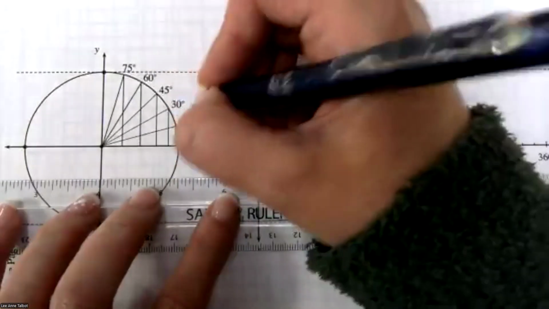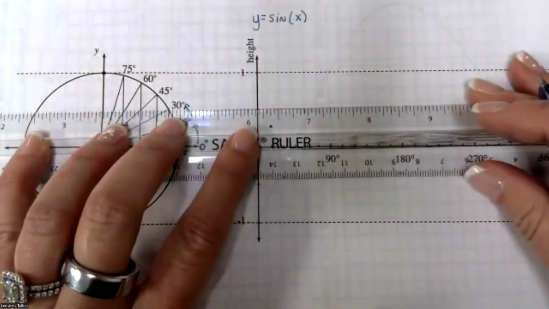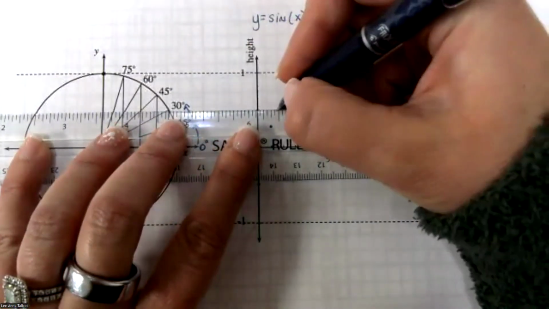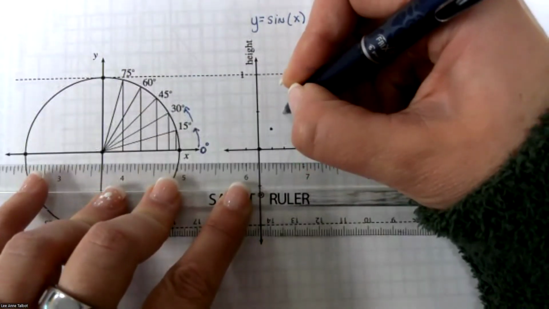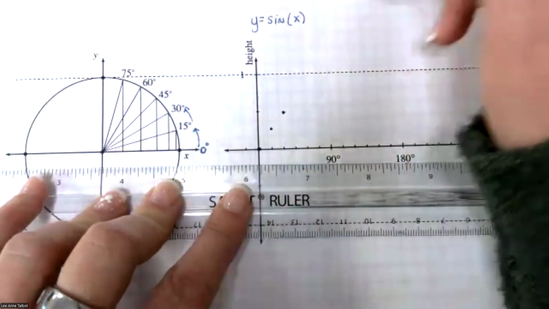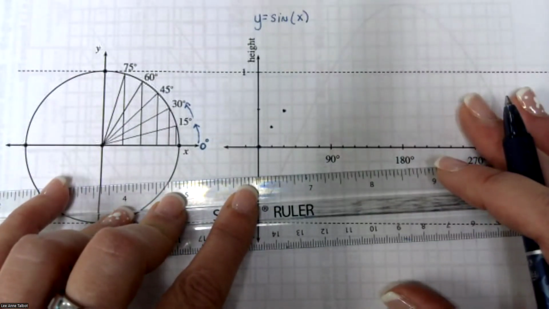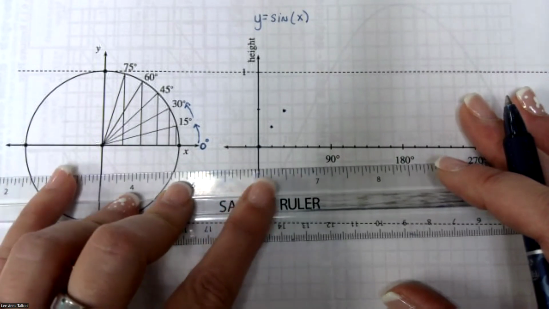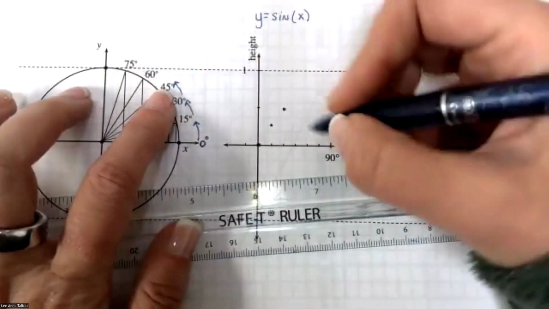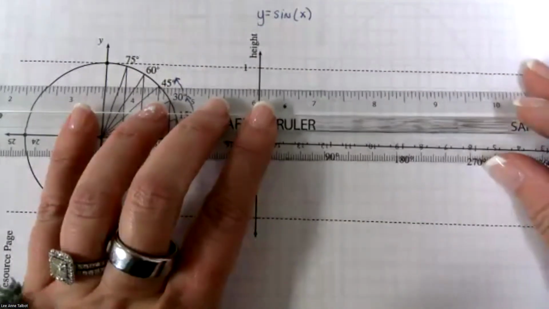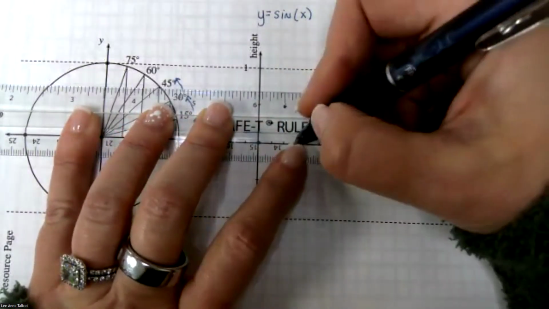Okay, then we rotate up to 30 degrees, which is very conveniently at 0.5. Might actually be easier to do that one without the ruler because you've got the tick mark. Then rotate up to 45 degrees, which is 0.707. We all remember that one in this county.